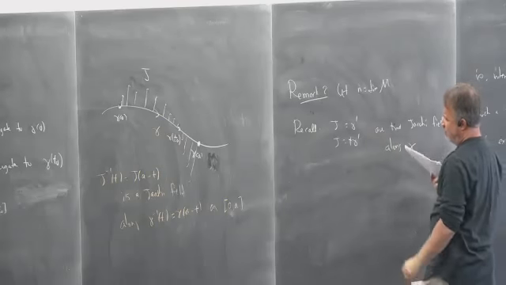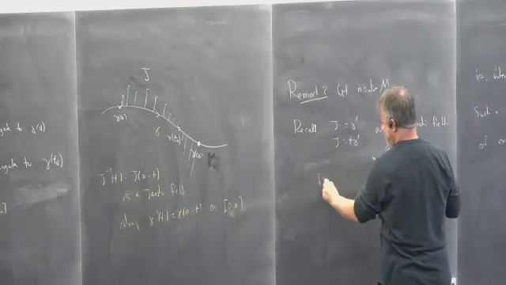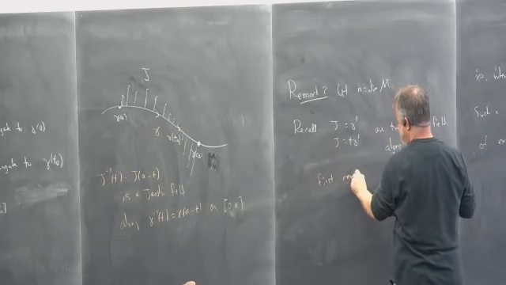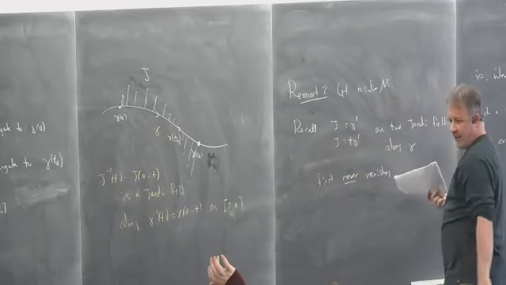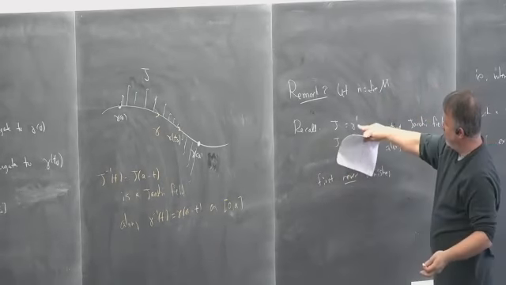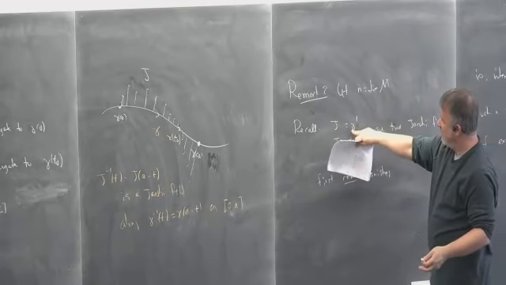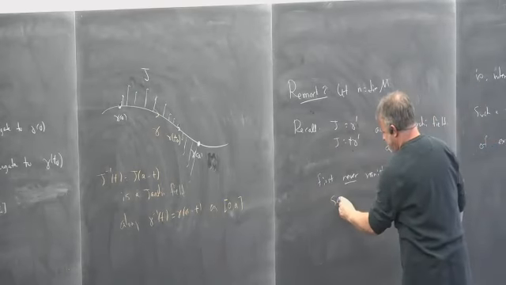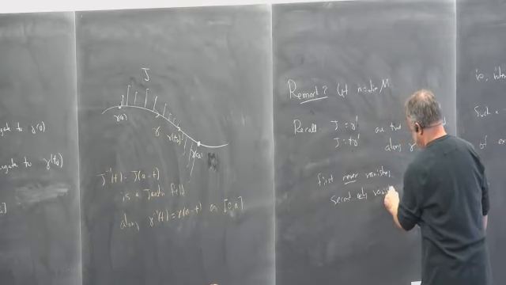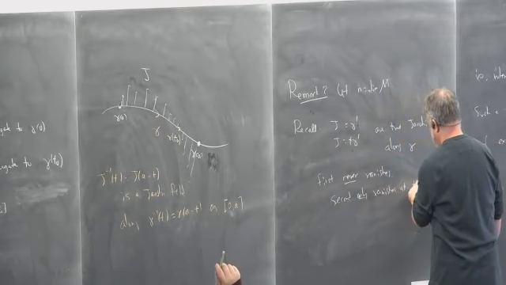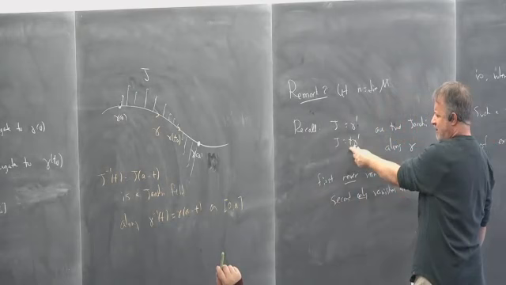These are the sort of uninteresting ones. The first never vanishes because gamma prime has constant length. We're looking only at non-constant geodesics, right? So this one never vanishes, and the second only vanishes at t equals 0. Right? This vector only vanishes at t equals 0.